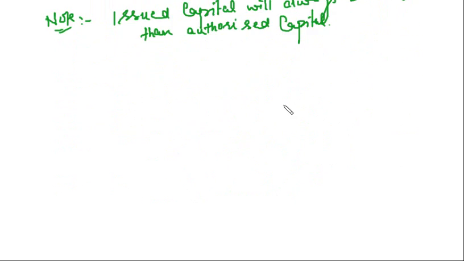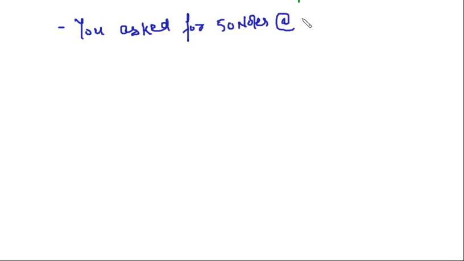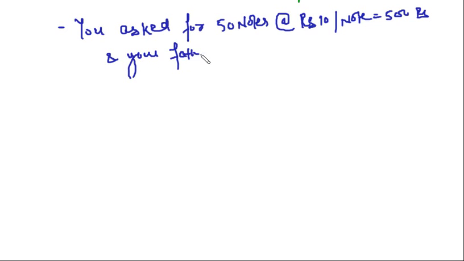Now, third point. What is subscribed capital? Now, what happens is you asked for 50 notes at the rate of rupees 10 per note, equal to 500 rupees, and your father pays you 500 rupees.